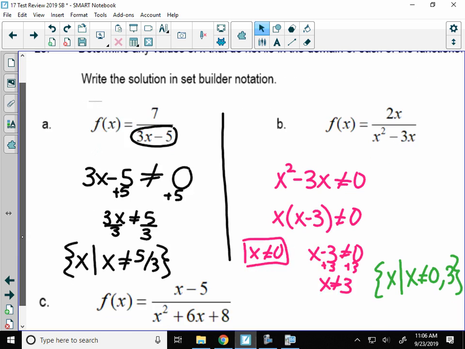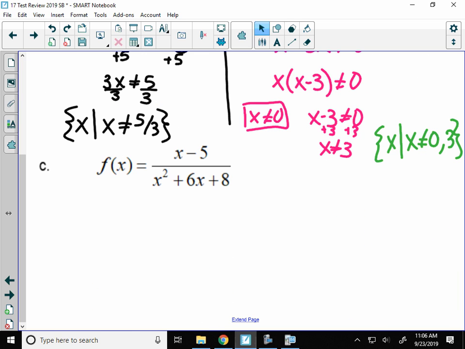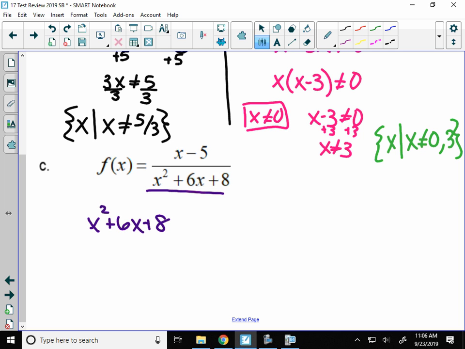All right, last one for C. Again, ignore the numerator. Look at the denominator. I'm going to take this whole denominator and set it not equal to 0. The whole denominator can't equal 0. Again, I have a quadratic, so I have to factor. This is a trinomial, so I'm going to factor this. Get x and an x. 2 numbers that multiply to 8 and add to 6 would be 4 and 2.